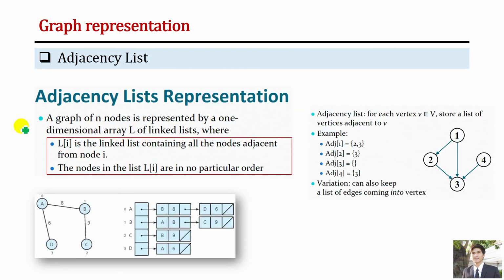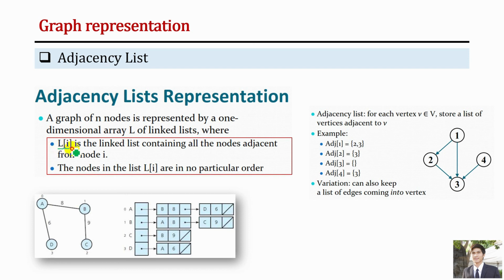And regarding the adjacency list representation, a graph of n nodes is represented by a one-dimensional array of linked lists. Each element in the array is a linked list.